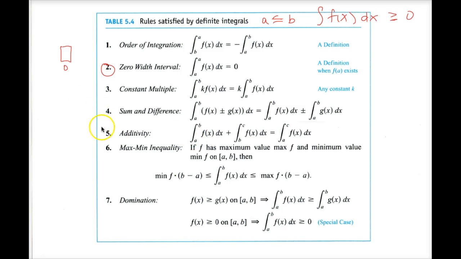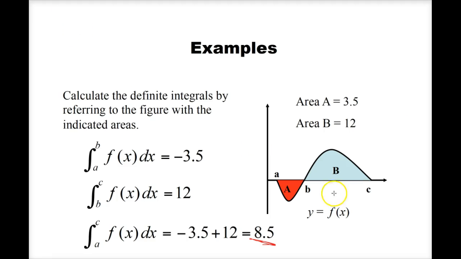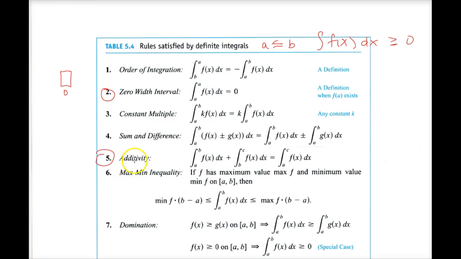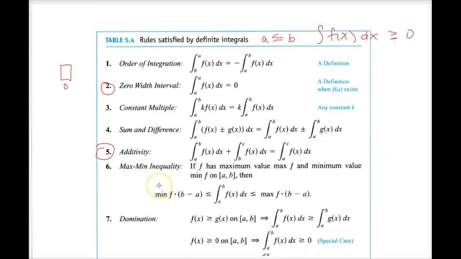So number 5 talks about the example I gave to us previously, and I'm going to go back to it so that you remember what I was saying. So here it's saying that if I want to do the integral from a to c, then I can do the part from a to b first, and then add to that the part from b to c. And so that's essentially what property number 5 is saying.